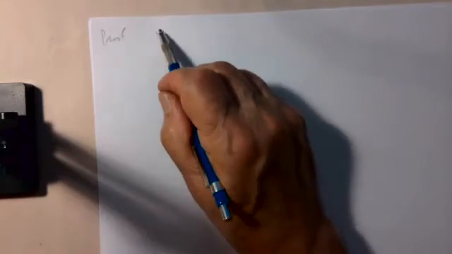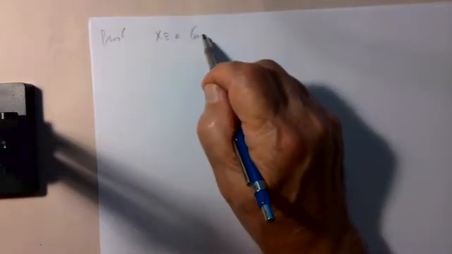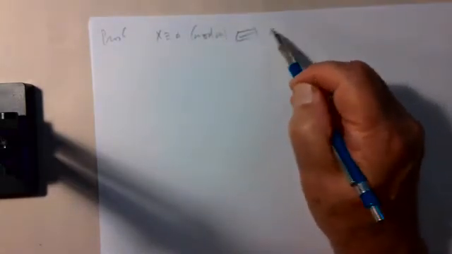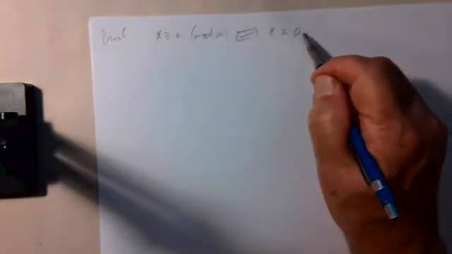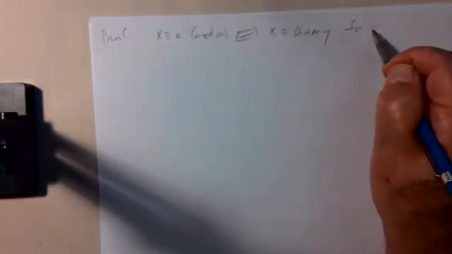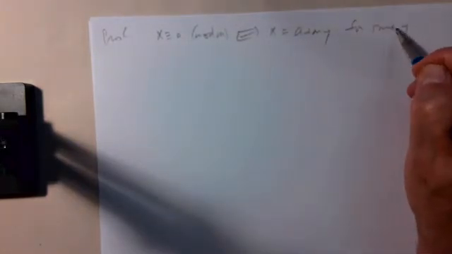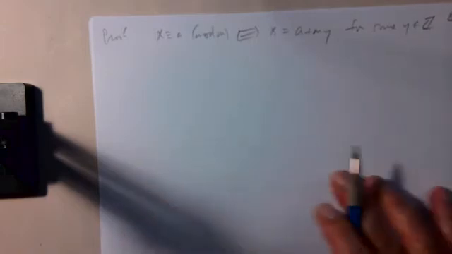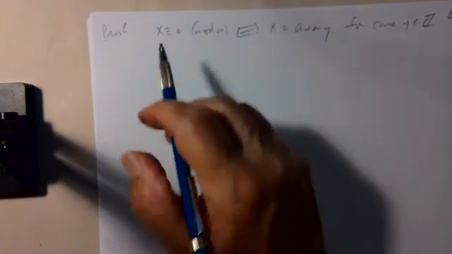So x congruent to a mod m means x has to be a number of the form a plus my for some integer y.